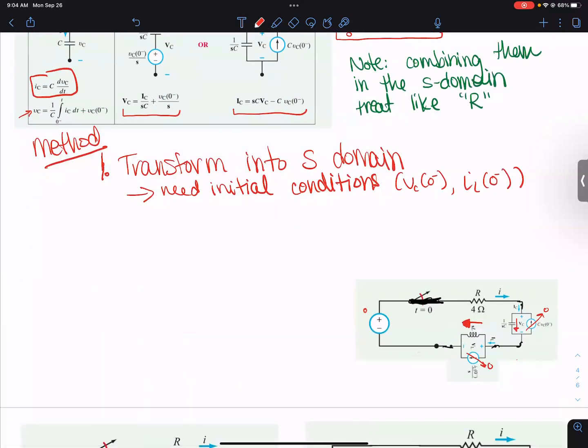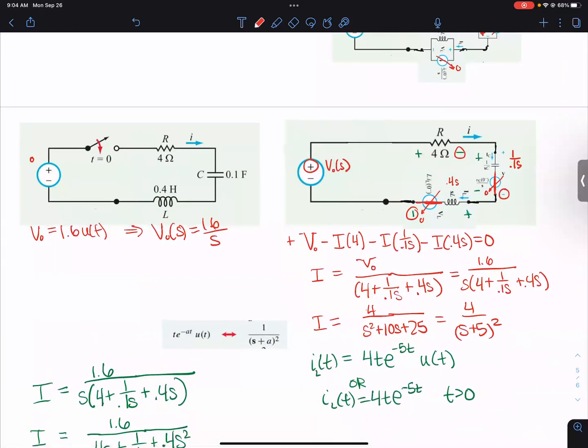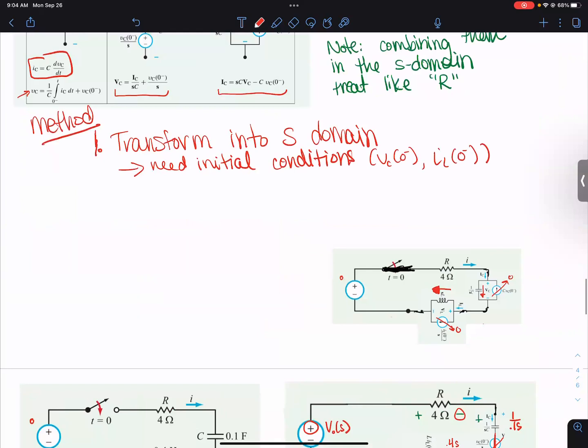All right, so transform into the S domain, we get a circuit like this. Then what do we do? Correct. So then you're going to create your set of equations.